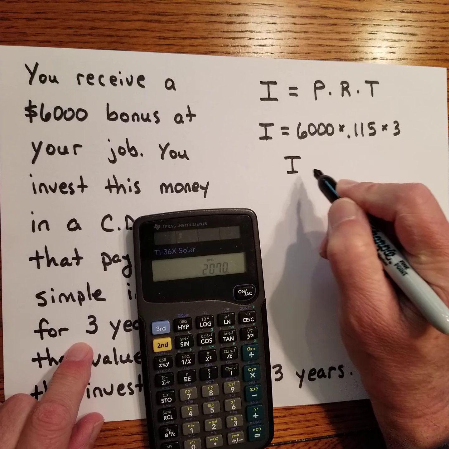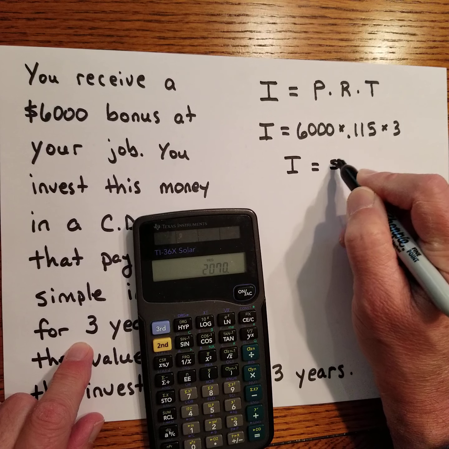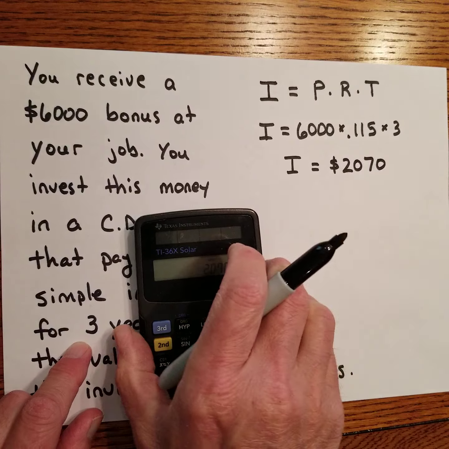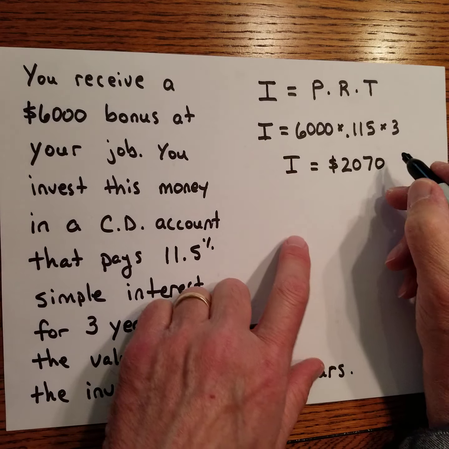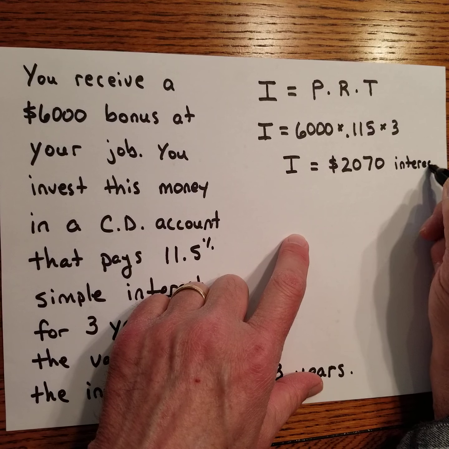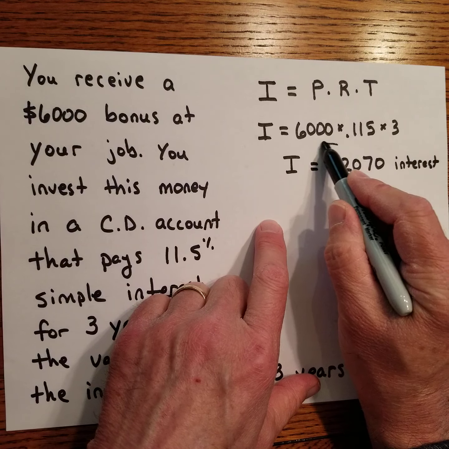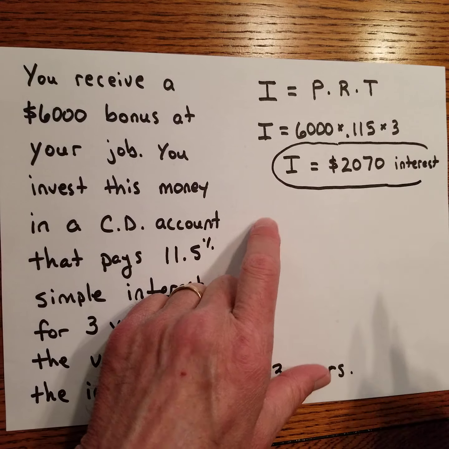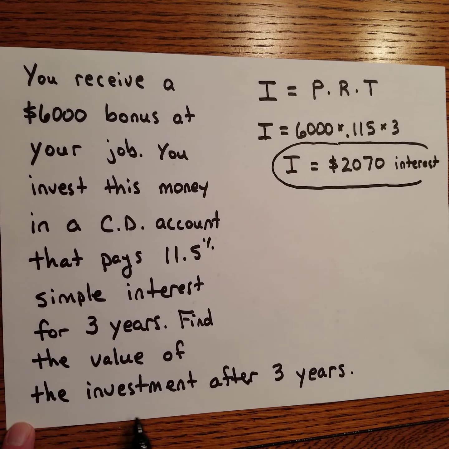And the interest earned is $2,070. Let's label that. That's the interest paid. That's not the final answer to the problem, though. The final question was, find the value of the investment after 3 years.